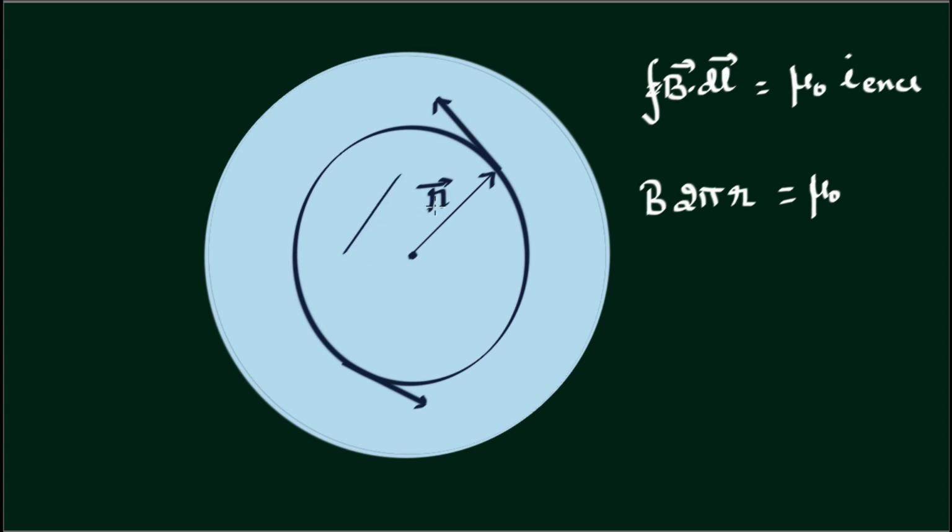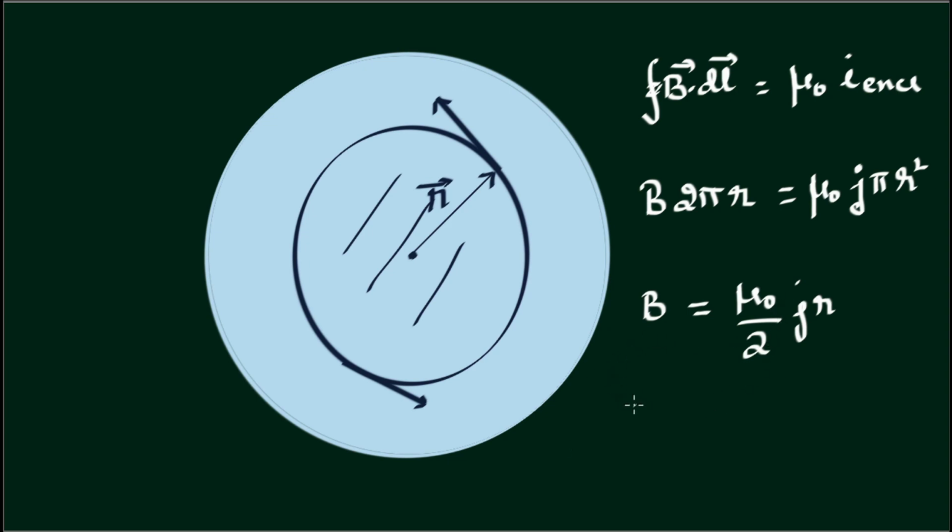The current enclosed is the current flowing through this area, and that's going to be J times pi r squared. So pi cancels and one r cancels. That gives us the magnitude of the B field as mu 0 by 2 times J r.